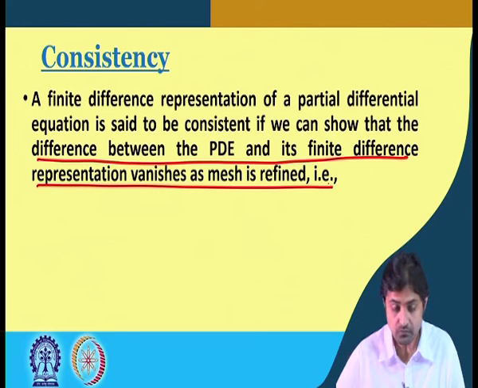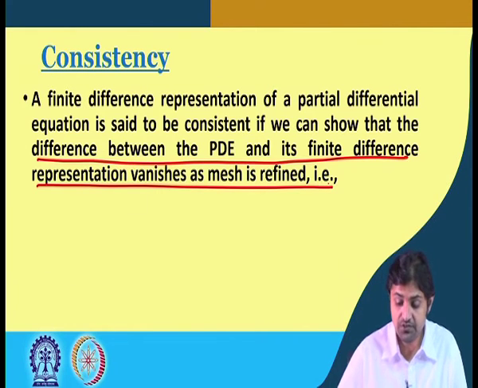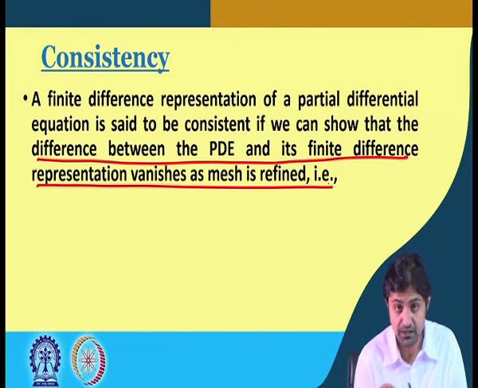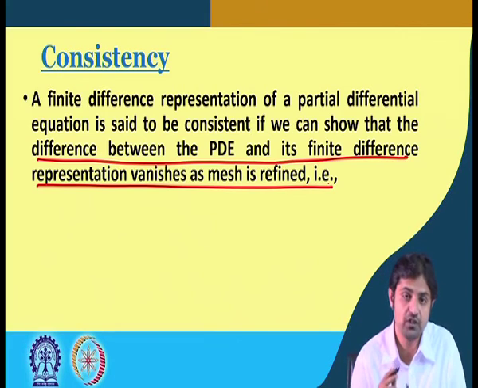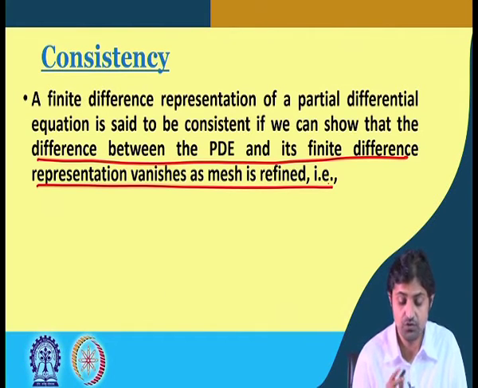In different words, we said that we are going to represent the partial differential equation in an algebraic form, correct? So this algebraic form is currently the finite difference method, right? We are using the method of finite difference to represent it in algebraic form.